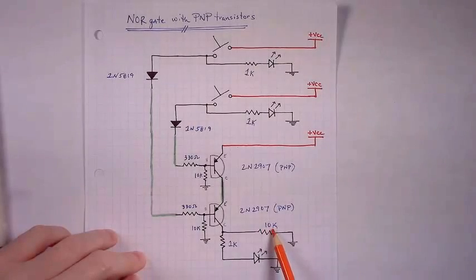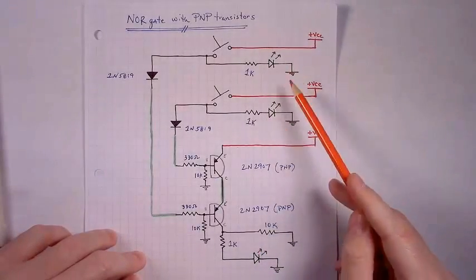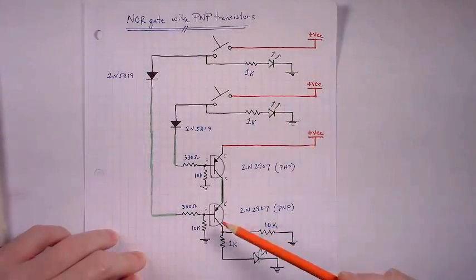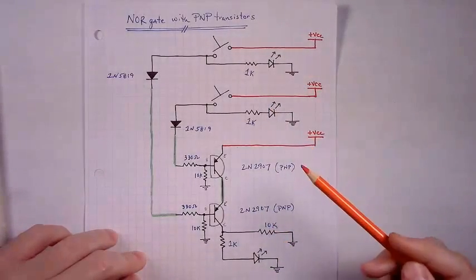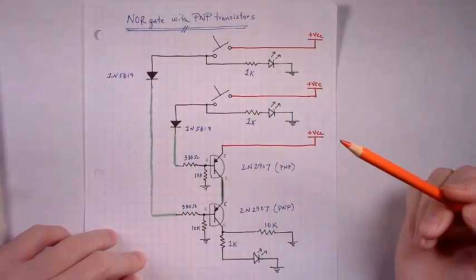Some will go through this 10K to ground, but the majority will go through the 1K and turn on the output indicator LED. This is the case where both of its inputs are low and the output is high. That's the normal state when you have power applied to the circuit and you're not pressing either of the momentary buttons.